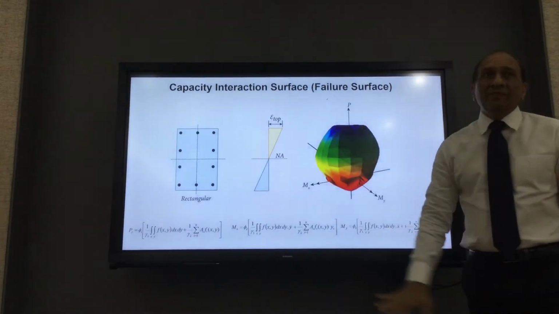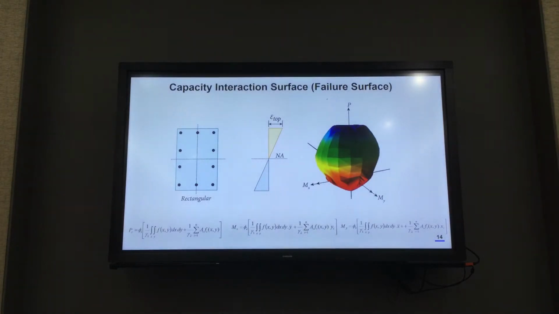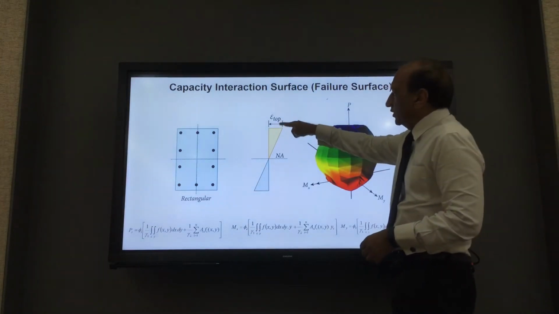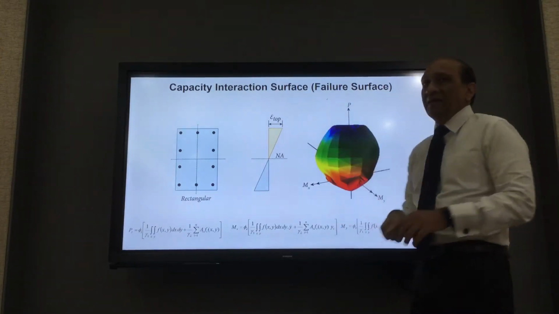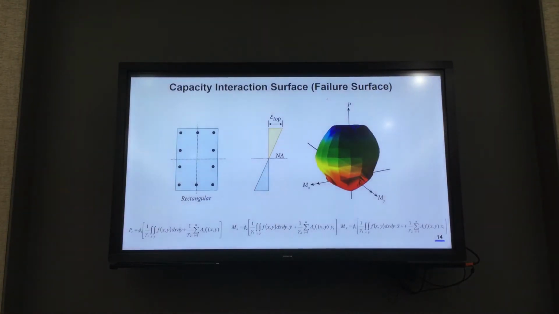So the problem, as I mentioned to you last time, and now I want to emphasize that one more time very critically, is that this interaction diagram or this assumption of a known strain is not a real case. I told you at that time also, and I'm telling you again, this condition of this ultimate or failure surface never ever happens in a structure, because this is an artificial condition.